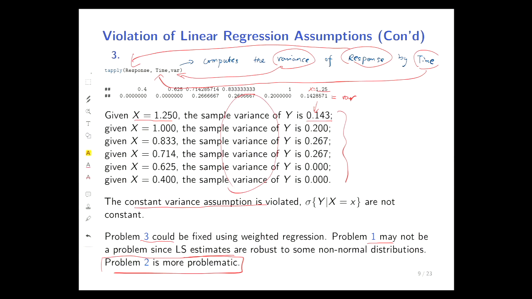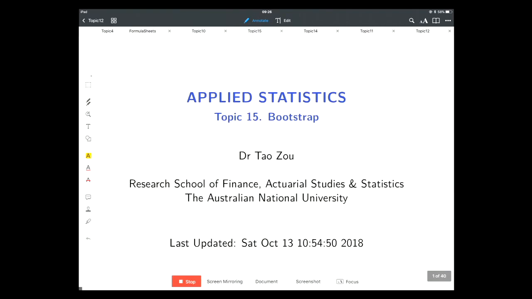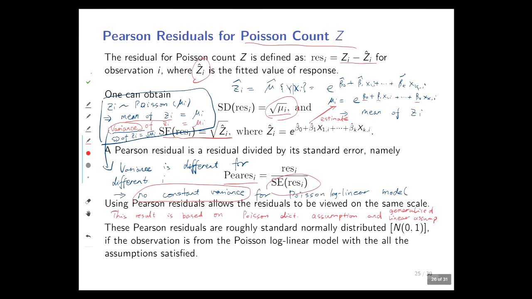So for all the generalized linear models we have mentioned in this course, the conclusion is that we never have constant variance. Because we never have constant variance, we do not need to check this assumption.